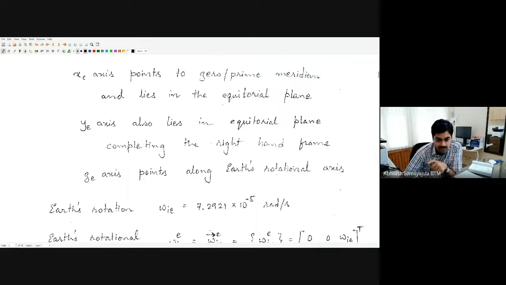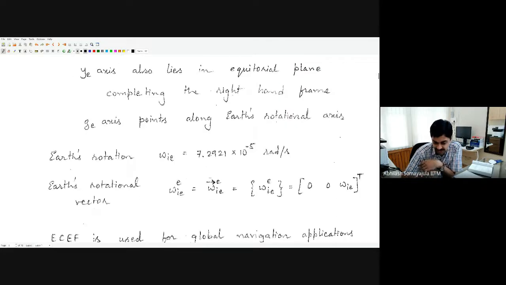And if you look at the value of the Earth's rotation rate, you can compute it as 7.2921 times 10 to the power minus 5 radians per second. This results in one rotation in 24 hours. Notice that if I want to represent this quantity as a vector, I can represent it in either the Earth frame or the inertial frame.